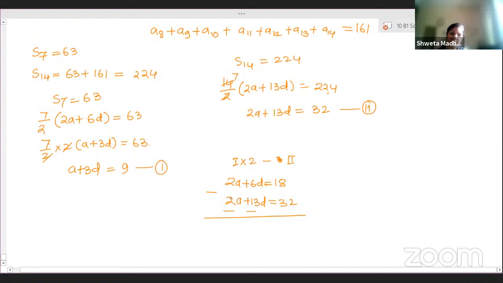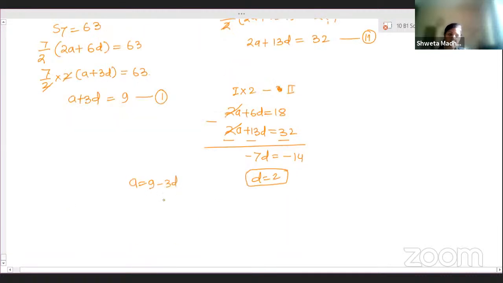Subtracting, this gets cancelled. 6 minus 13 is minus 7d is equal to minus 14. D is 2. Then substitute in any one of the equations to get the value of a. A will come 3. A is equal to 9 minus 3d, 9 minus 3 twos are 6, that is 3.